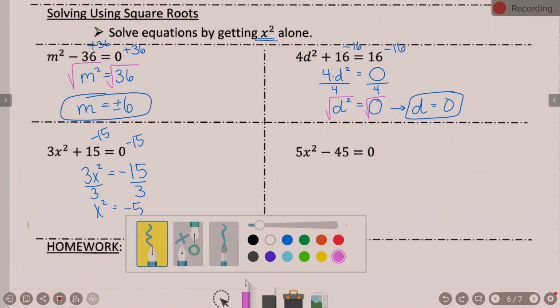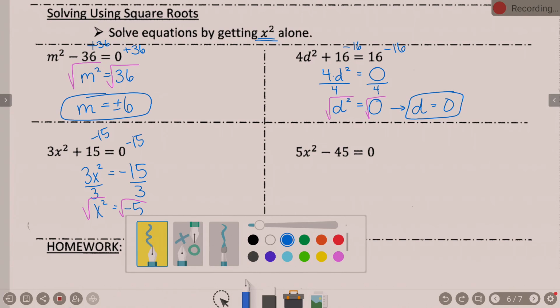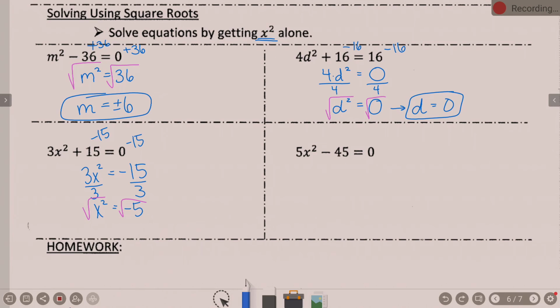What do we do to finish solving for x? Square root. So the square root of x squared is x. What's the square root of negative 5?